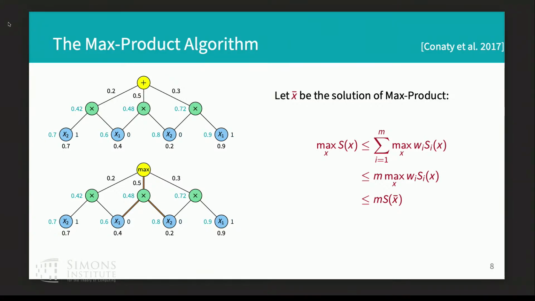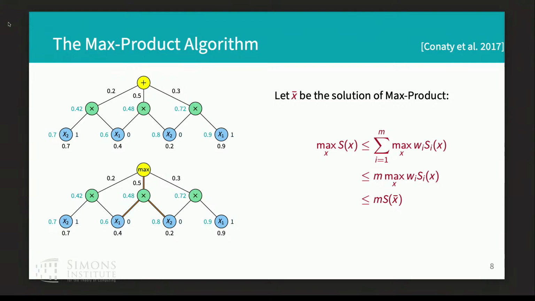And then what you can show is that this guy here will be, by definition, the maximum over all of the other, let's say, inputs of this sum node, right? So if you multiply this value by the number of inputs, you get something that is above the optimal, right? Which is just what I'm showing here.